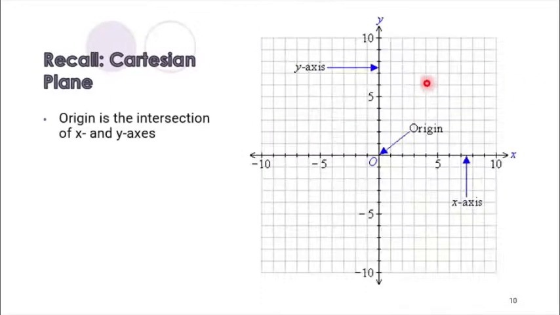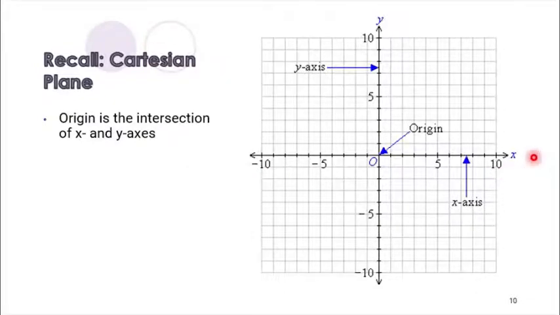Basically, a Cartesian plane is composed of two lines that are perpendicular to each other. We have the x-axis and the y-axis, and the intersection point between these two lines is called the origin.